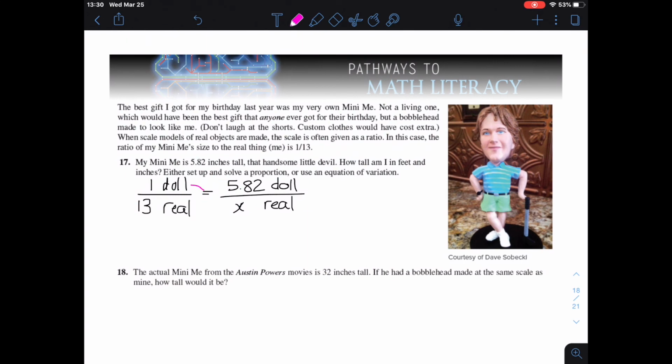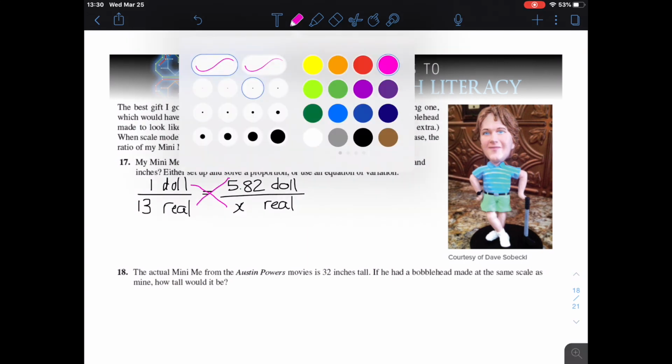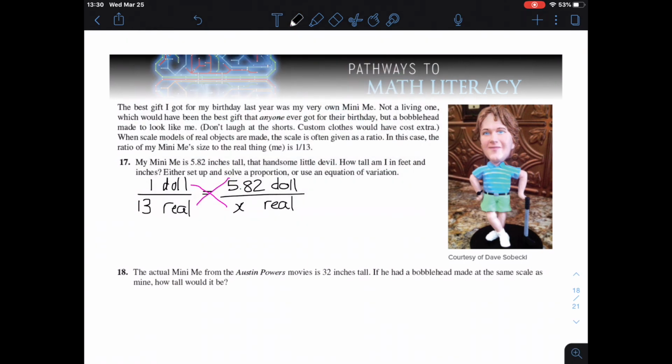If we go ahead and cross multiply, we're going to get that x times 1, which is just x, is 5.82 times 13. So that's going to be 75.66 inches. Okay.